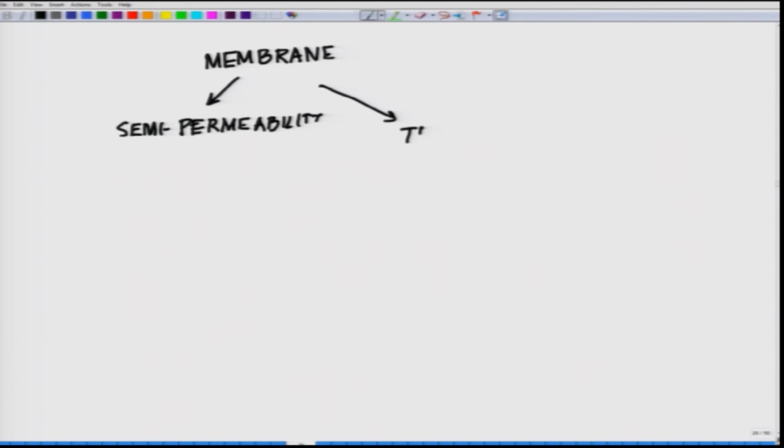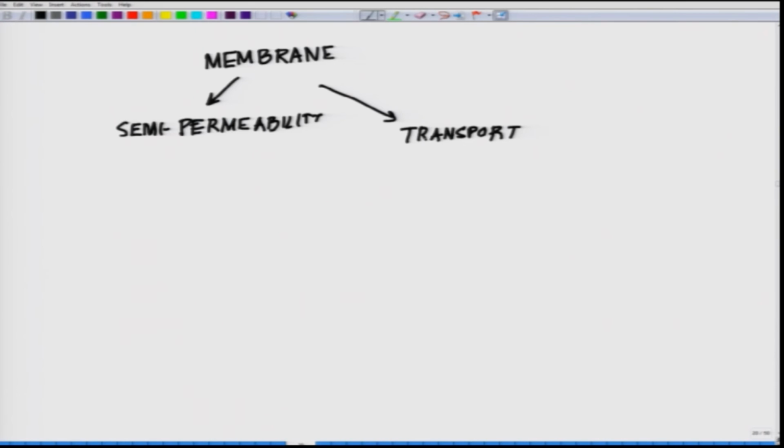Though we do not know the origin of it, what we know is that it forms a membrane, and this membrane has a semi permeability. It does not allow everything to go in or go out. It has a lot of transport rules and regulation, as I was telling you.